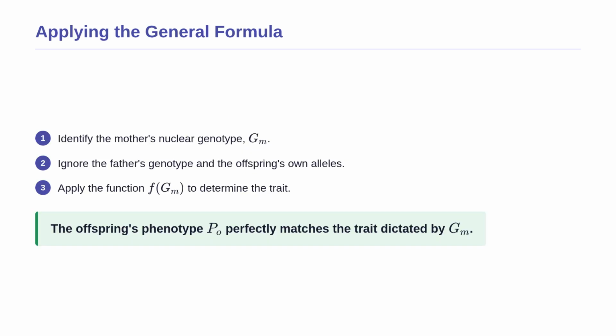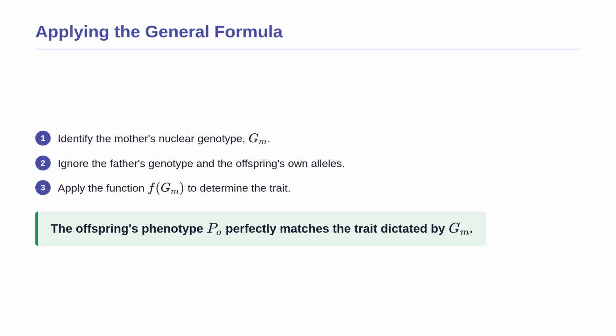Before we move on to specific biological cases, let us see how we apply this general formula conceptually. We are given a scenario where a trait is controlled by a maternal effect. First, we identify the mother's nuclear genotype, GM. Second, and this is the most important step, we completely ignore the father's genotype and the offspring's own alleles.